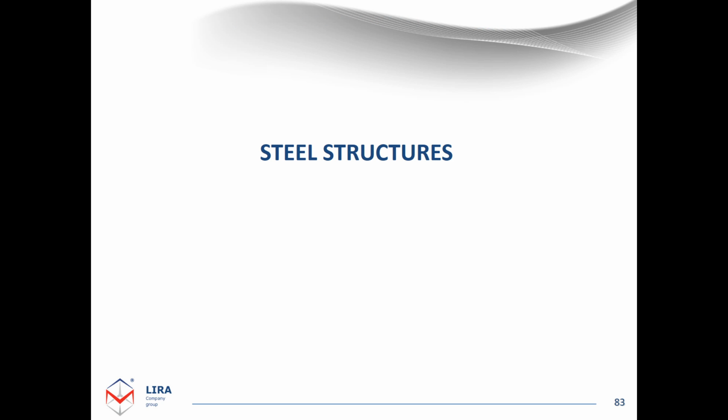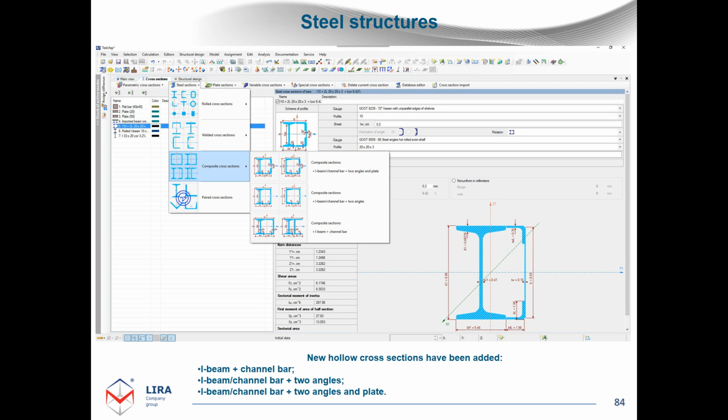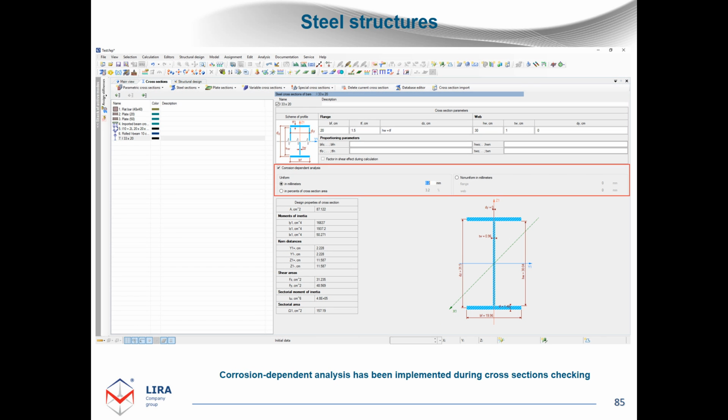Now, briefly we'll talk about innovations in the steel structure section. We've added a few hollow sections. You can see the list of these cross-sections on the screen. It's now possible to perform analysis of elements taking into account corrosion. You can set a corrosion wear in millimeters or as a percentage.